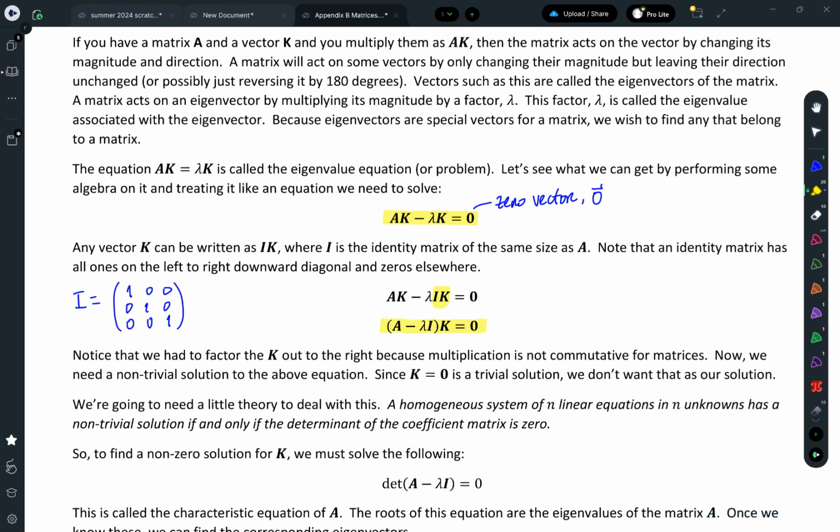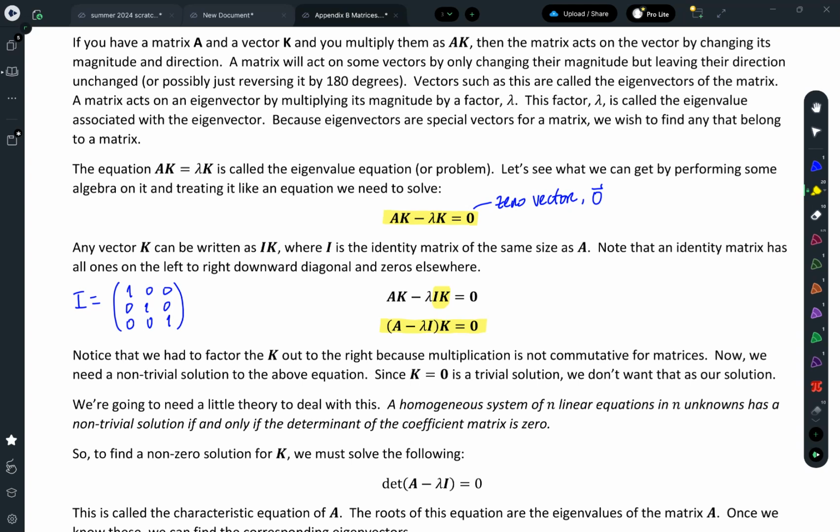Now we need a non-trivial solution to the above equation. And since k equals 0 would be trivial, we don't want that as our solution. That's kind of the boring solution. And so now we're going to need a little bit of theory to deal with this.